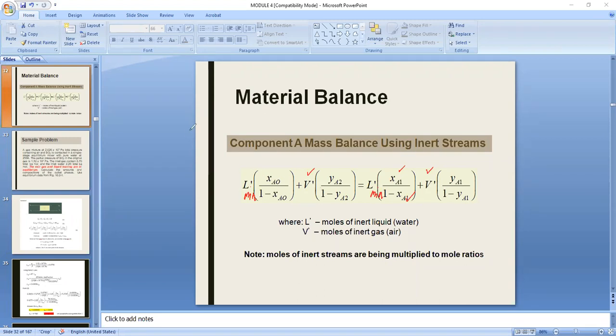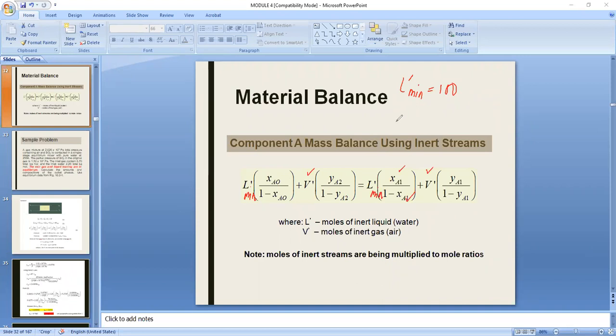Oftentimes, class, this is the equation that is being used because it does not require all four phases to be known. Now, if your liquid phase is not pure water, the L prime minimum that you have here, for example, you already determined the L prime minimum to be 100, it's not yet the answer.